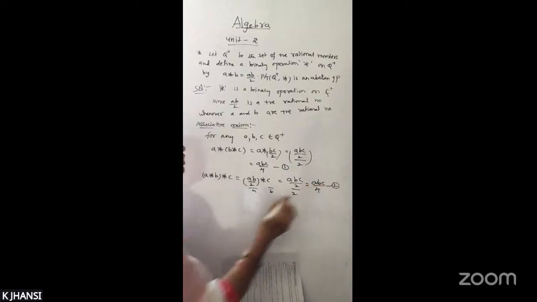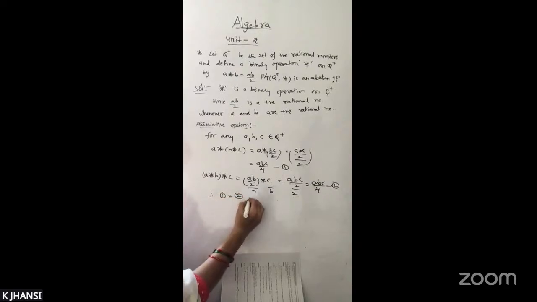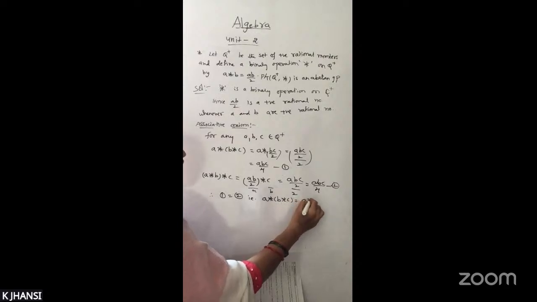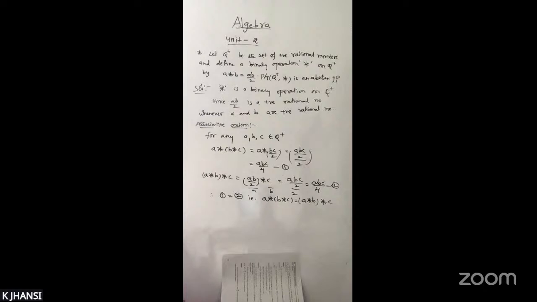This is 2. Therefore 1 is equal to 2, that is, A star B, B star C is equal to A star B star C. So it is satisfying the associative property. Therefore, star is associative.